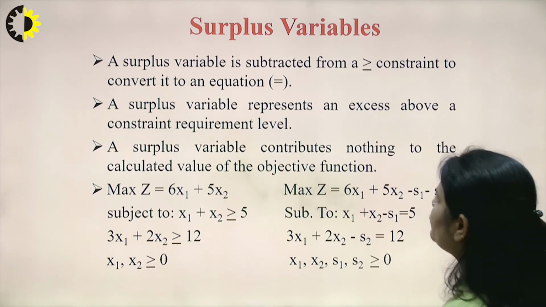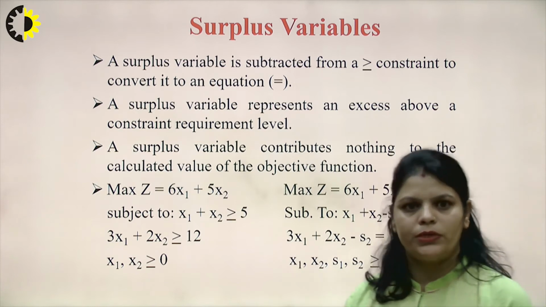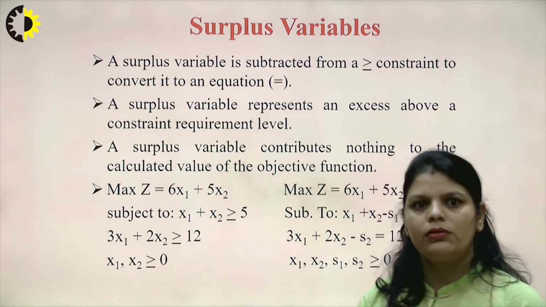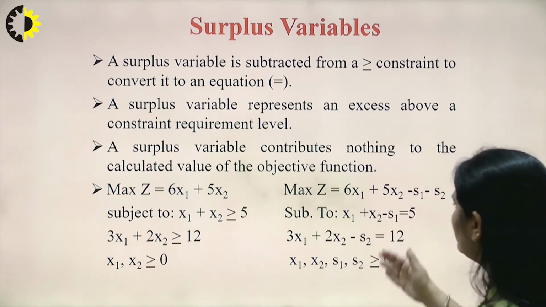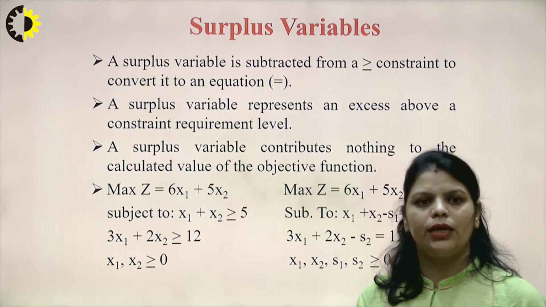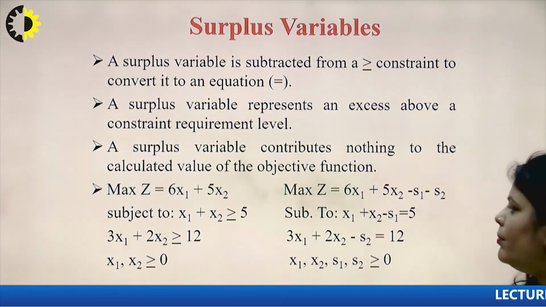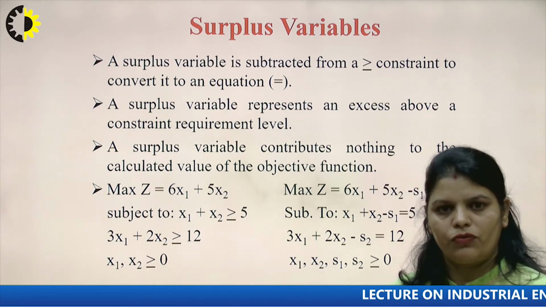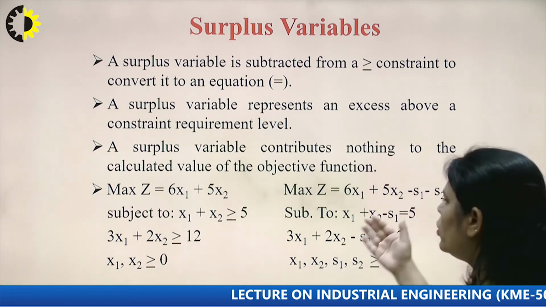A surplus variable contributes nothing to the calculated value of the objective function. As we did with the slack variables, in this case also we will indicate these variables, which we subtract from the inequality constraints to convert them into equations, in the objective function. Clear? But these will not add any value in the objective function.